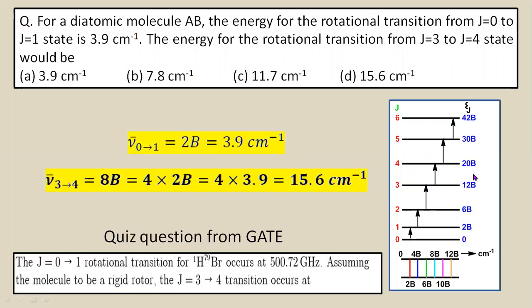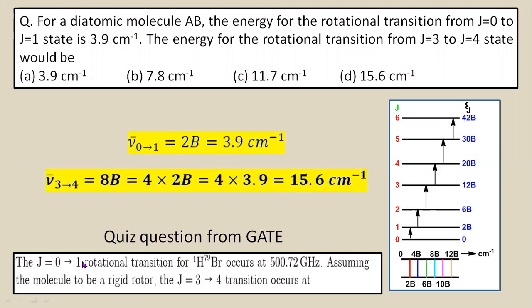From the diagram it's pretty clear, you can use the formula or directly use this diagram. You get 8B, the difference between 3 and 4 is 8B, and 8B I can write as 4 into 2B. 2B I already know, 3.9 centimeter inverse, and finally I will get 15.6 centimeter inverse. So the answer for this question is 15.6 centimeter inverse.